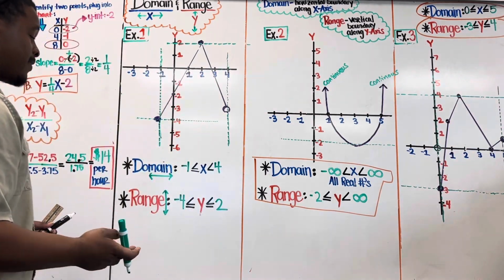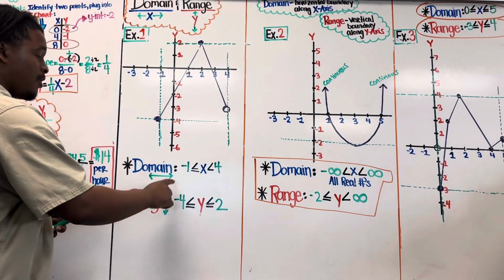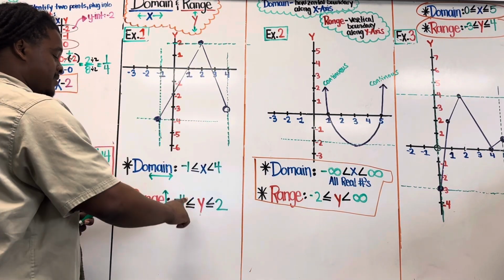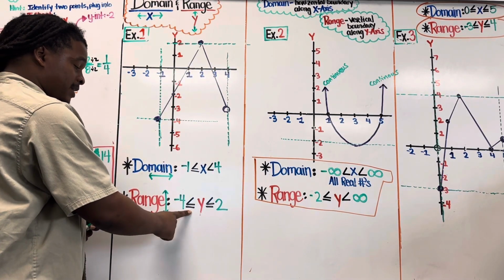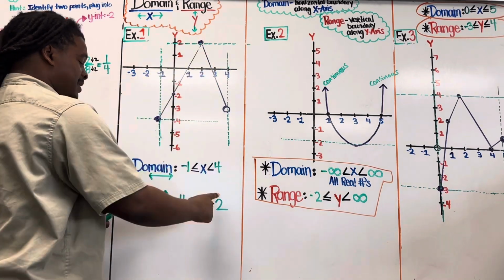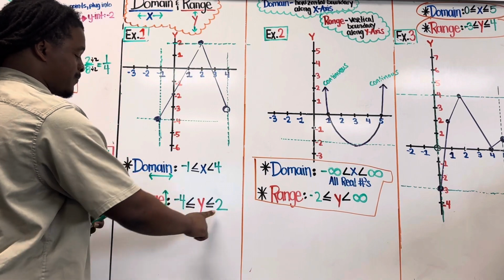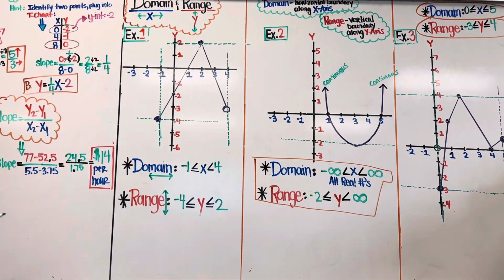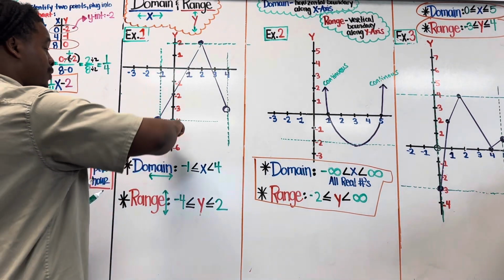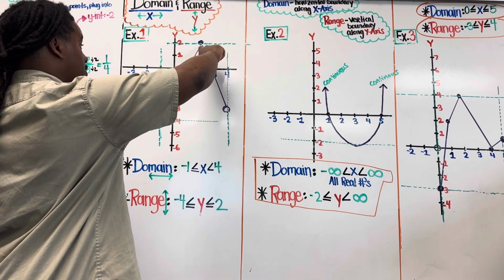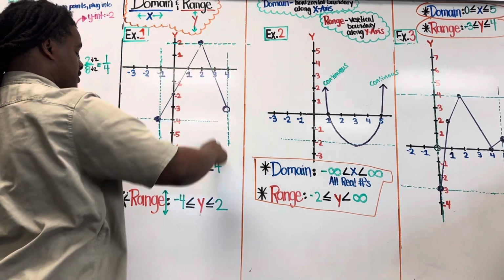And we created our range. So the range is y can be any value that's equal to -4 or greater than -4, or any value that's less than 2 or actually 2. That's why we have less than or equal to and greater than or equal to. Once again, y can actually be -4 or a value greater than -4 but less than 2 or actually 2.